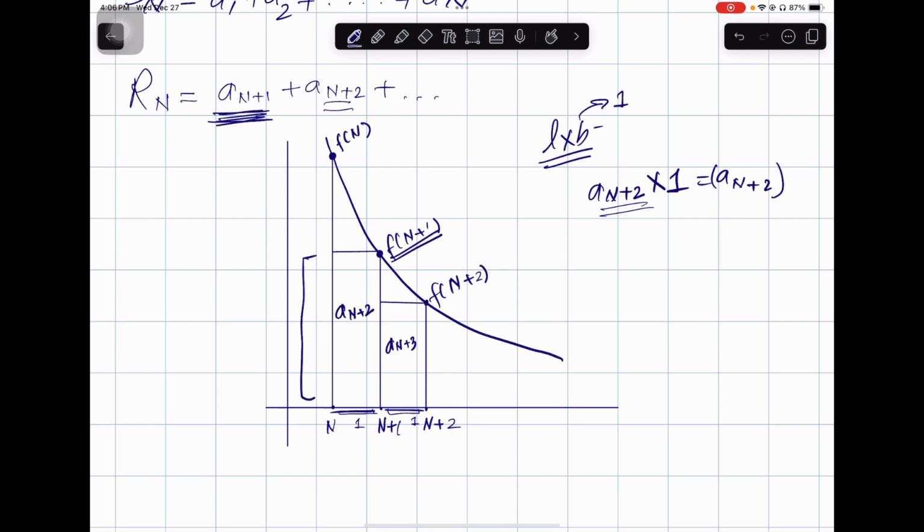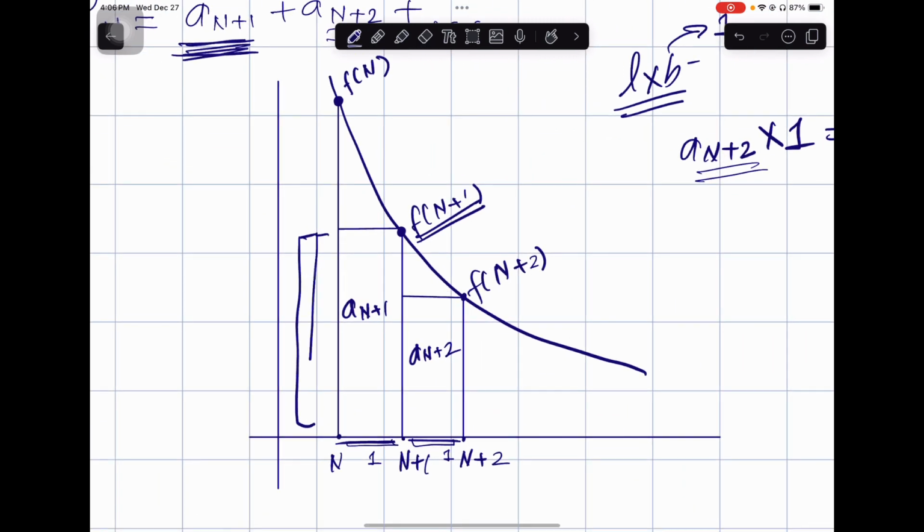Now, the only difference is the area of this now becomes a_(n+1), and this becomes a_(n+2). Why? Because the length, that is this, let me change the color to show, yeah, the length, that is this, is a_(n+1). Why?